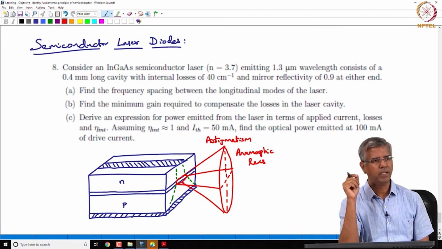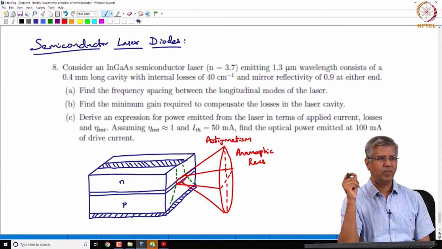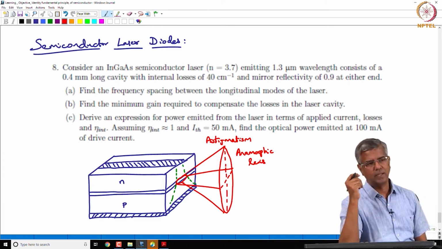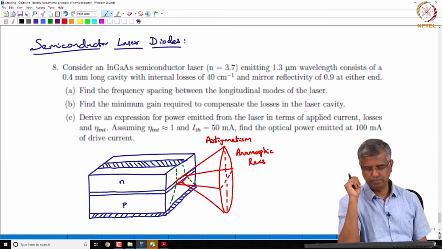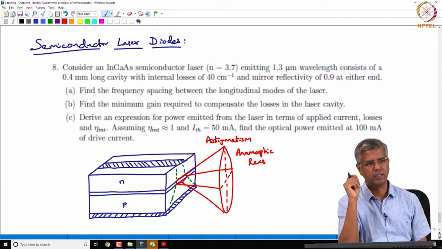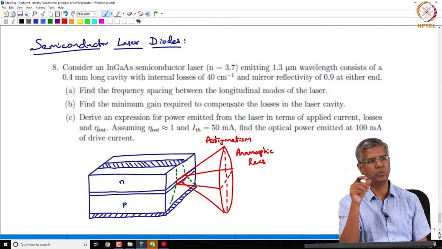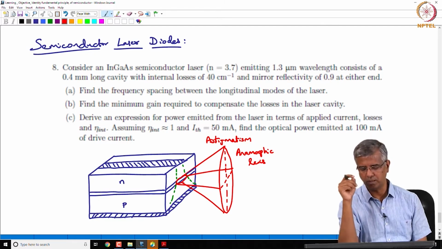Why do we need a circular beam? We talked about coupling into an optical fiber eventually. It has a circular cross section, so you need to fit this beam into that optical fiber.